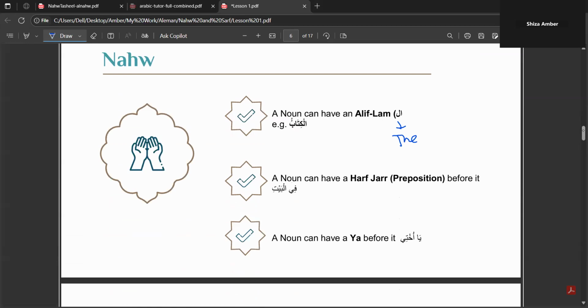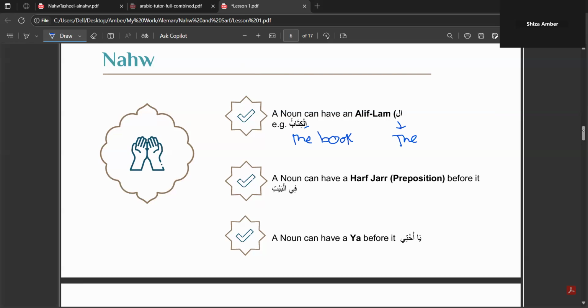Al is before it, so I can say the book. Al kitabu means the book. If I attach tanween, it will become incorrect. So a noun can have an alif lam separately, and a noun can have tanween separately, but al and tanween will not be there simultaneously.